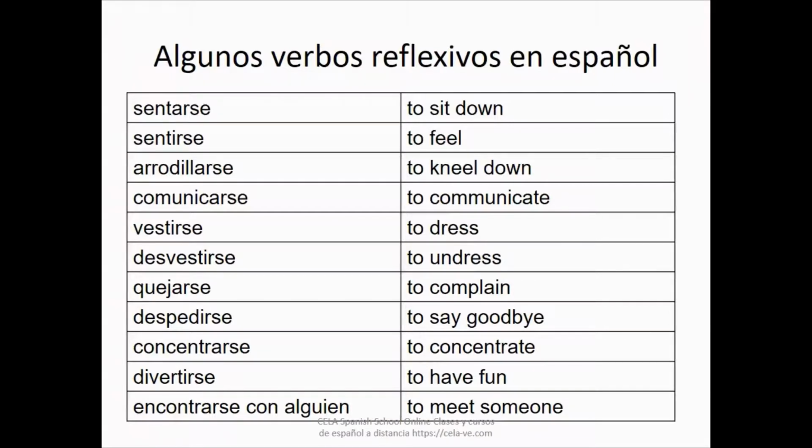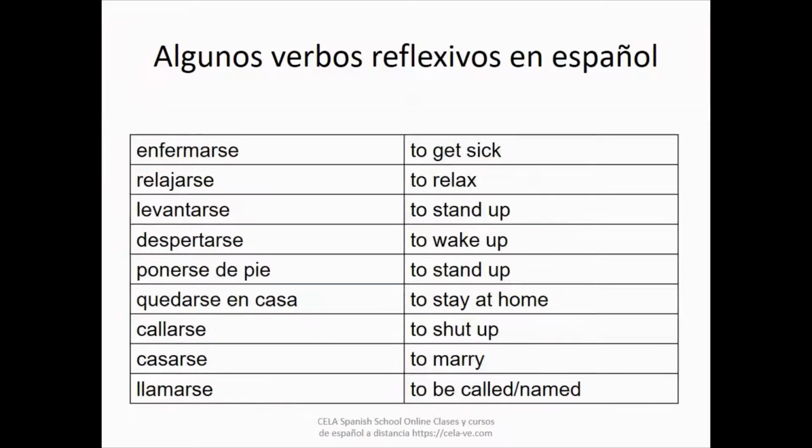Comunicarse, quejarse, despedirse, concentrarse, divertirse, encontrarse con alguien, enfermarse, callarse, quedarse en casa.